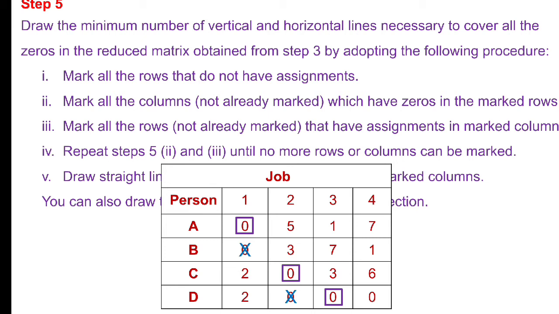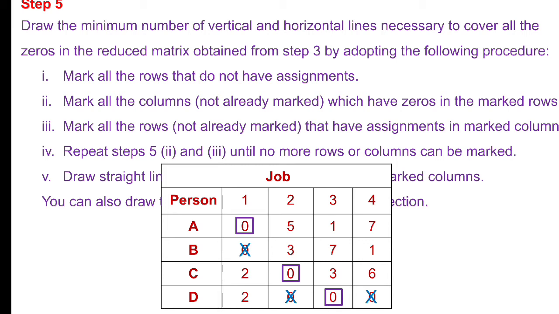Then for another 0, we can select the third column or the fourth column; it is left to us. I am selecting the third column. Then the fourth column will be cancelled, because the fourth row is already selected.